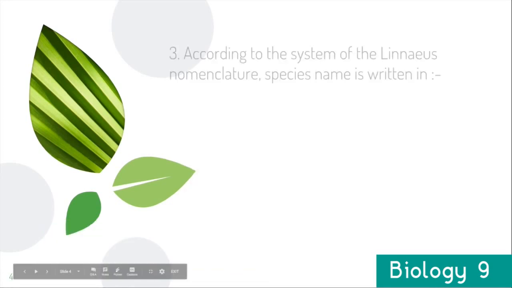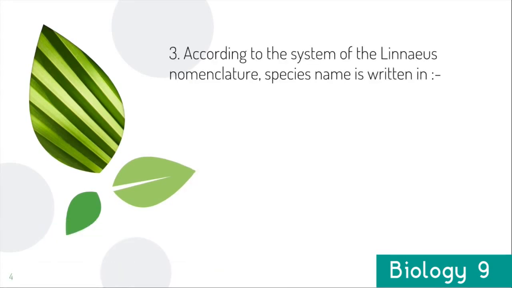Question 3. According to the system of Linnaeus, nomenclature, species name is written in A. Capital letter, B. Abbreviation, C. Local language, or D. Small letter.